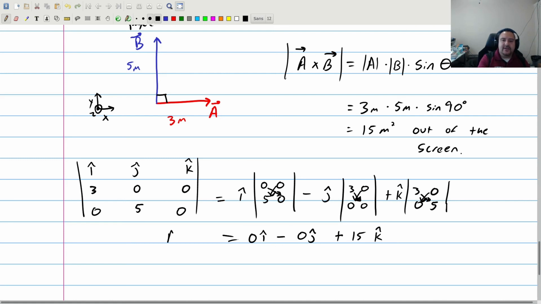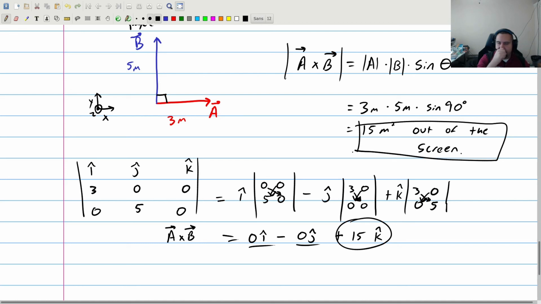So A cross B is equal to this vector, no I, no J, and only 15 K hat, which is exactly the same as saying 15 out of the screen, because we said that way is the Z direction. So that's really all there is to it as far as cross products and dot products go.